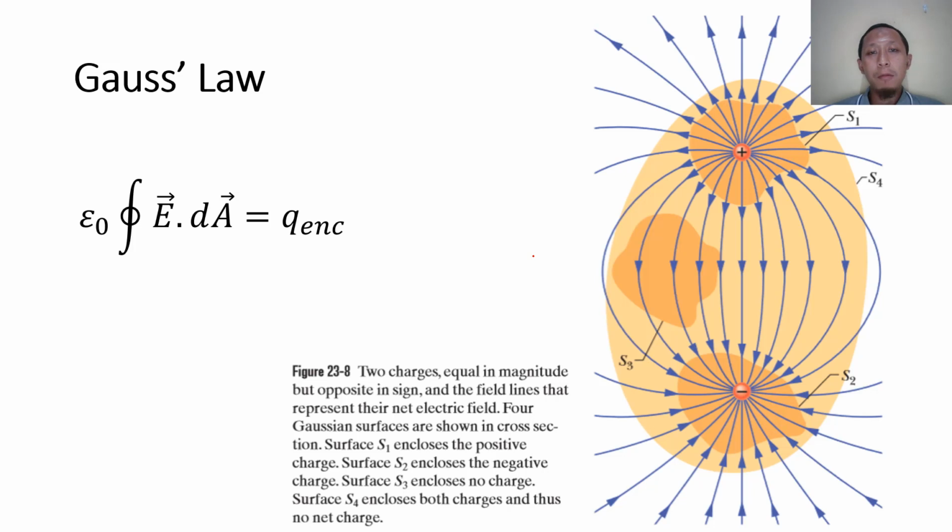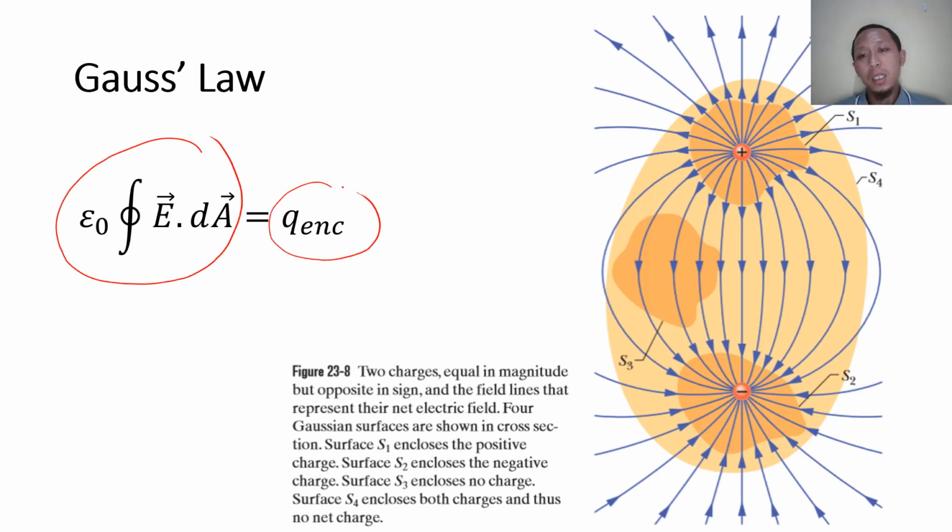It means that if we want to calculate the total charge in some object, we can use these equations. This is the total charge in the object. So we can know it by using the flux and also the epsilon zero.